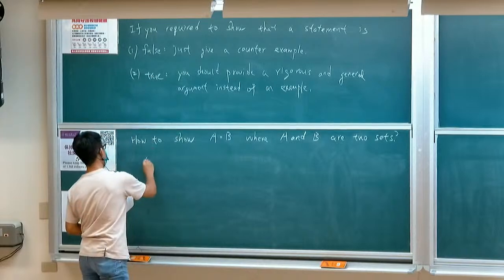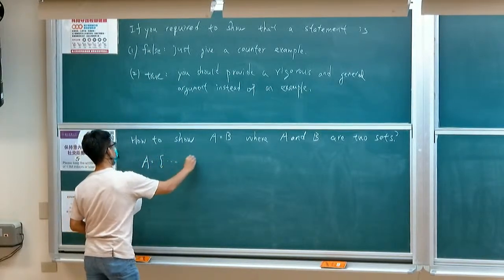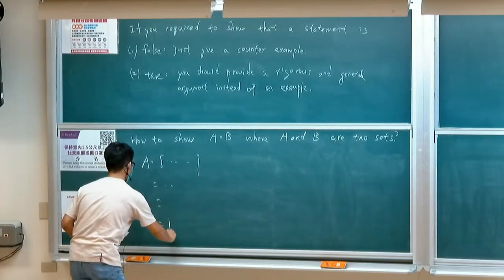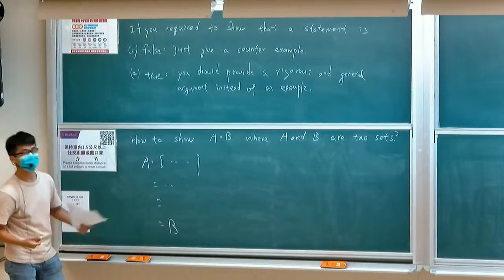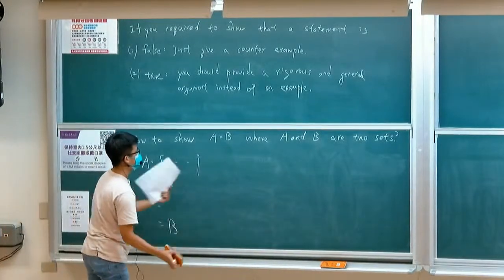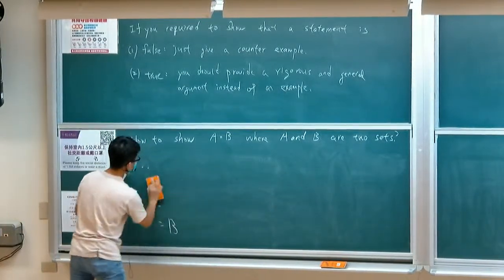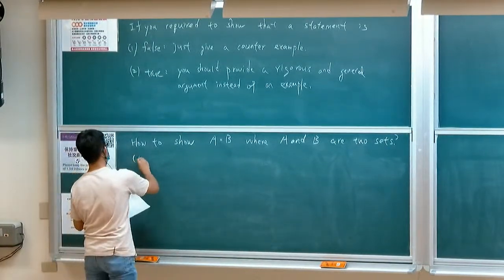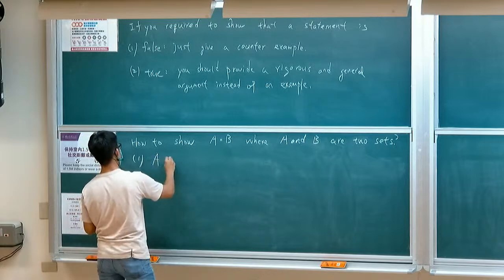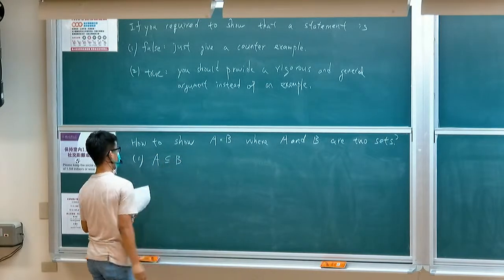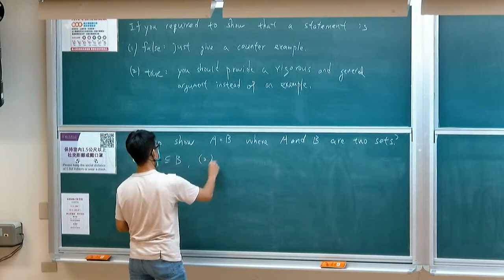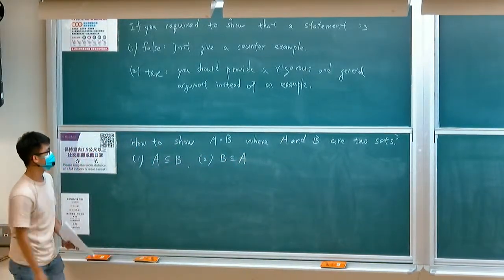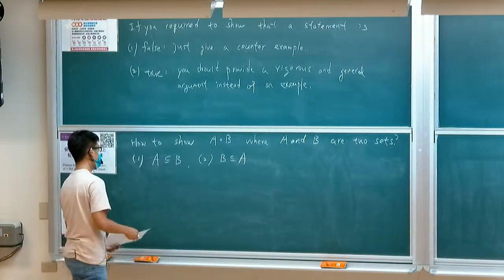Some of you might write: A is a set, blah blah blah, and equals B. Actually, you cannot do that. To show A and B are the same set, you need to do two things. First, show that A is inside B, and show that B is inside A. Then you are done.